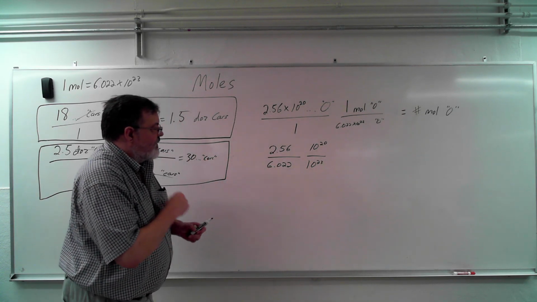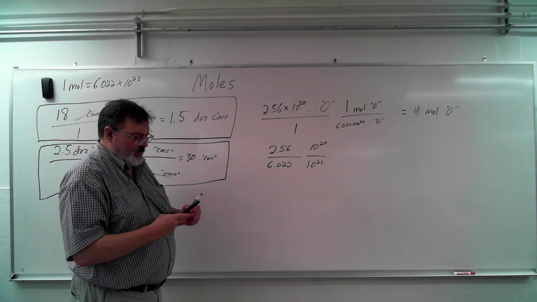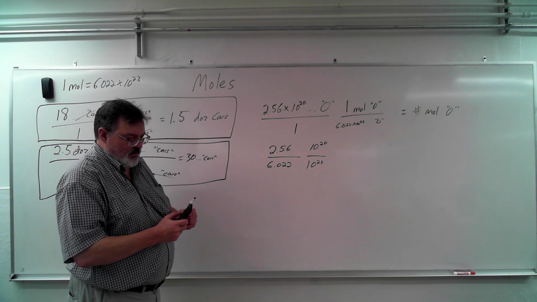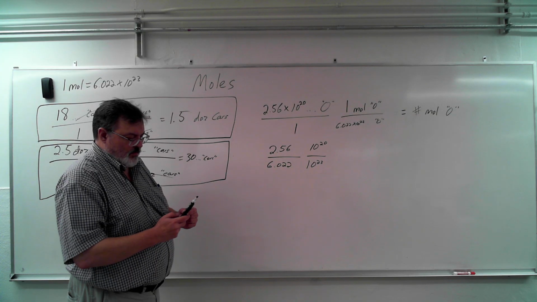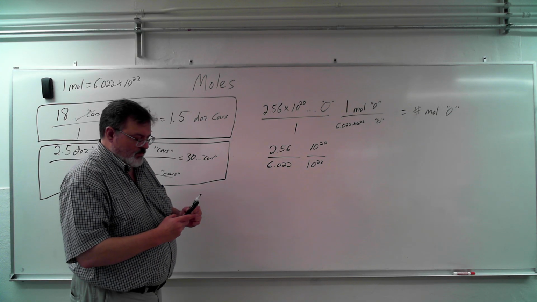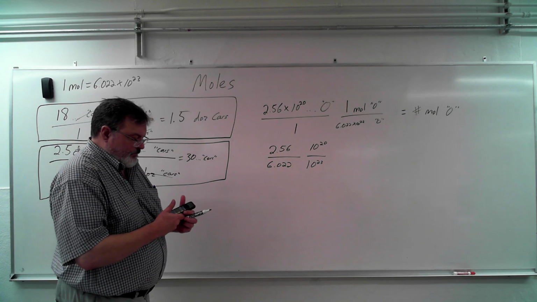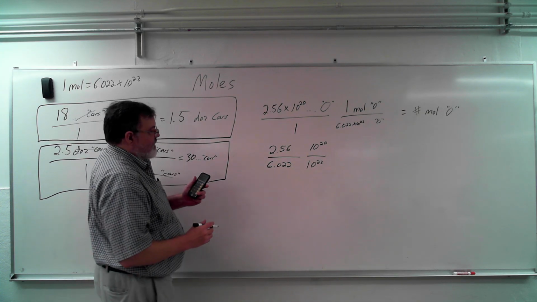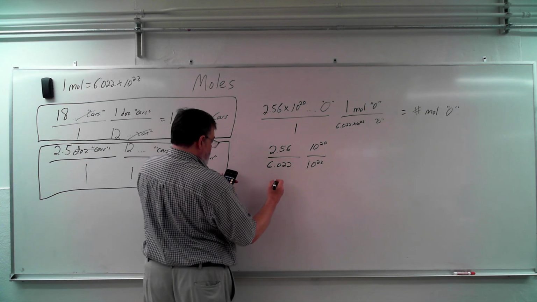I'll do this in my calculator, and you get your significant figures there too. Calculator says 0.4251079, et cetera, but I'm going to stop at three significant figures.